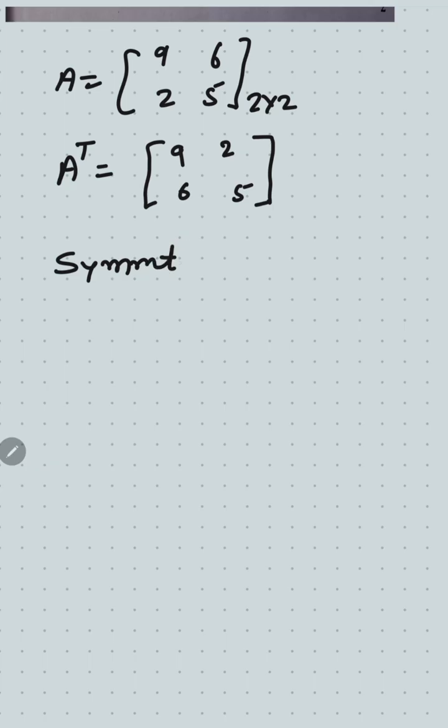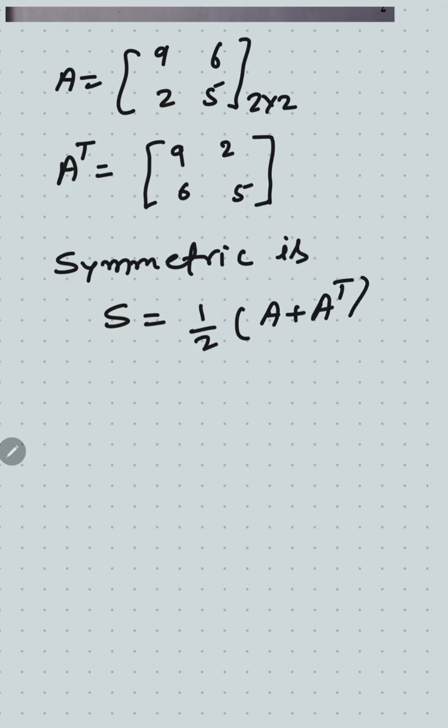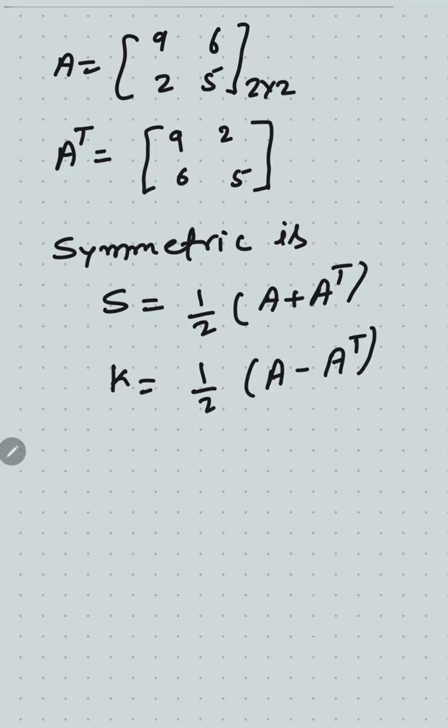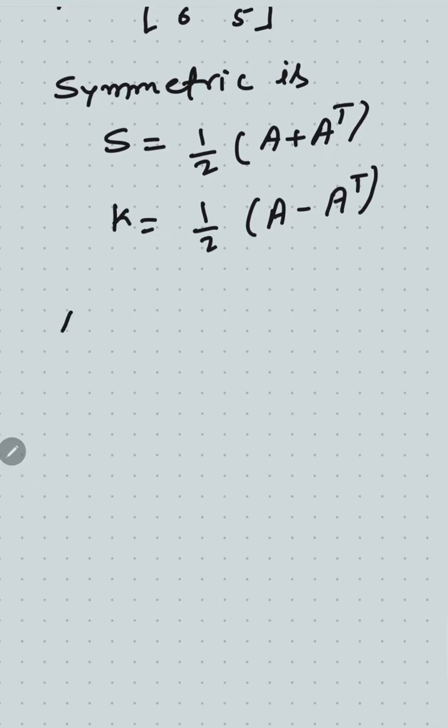Now we know that the symmetric matrix S is equal to 1 divided by 2 (A plus A transpose), and let the skew matrix K be equal to 1 divided by 2 (A minus A transpose). Firstly, we find A plus A transpose.